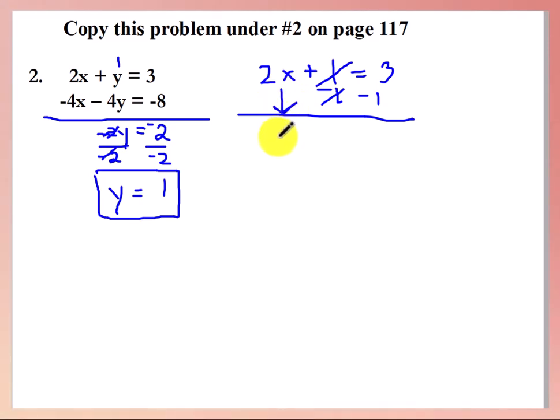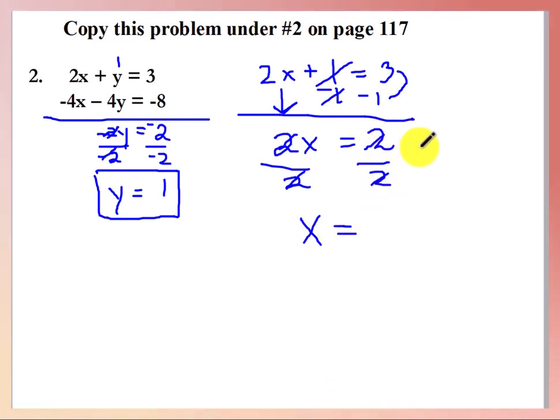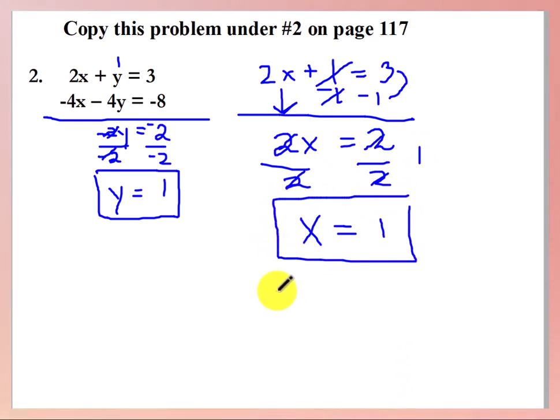Bring down your 2x. Bring down your equal. And 3 minus 1 is 2. Divide both sides by 2. X is equal to, this is going to be 1x equals 2 over 2, which is 1. So the solution is x is 1, y is 1.